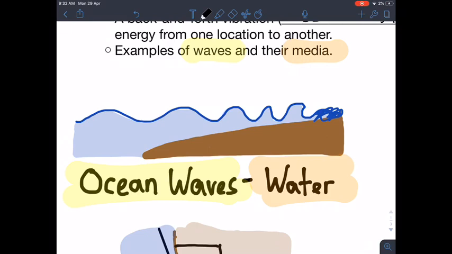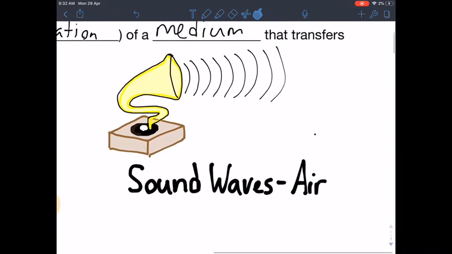So in a wave, we have the medium, which is the water. You have little particles of water, and they're oscillating like this. They kind of go up and down, and they kind of go left and right. They basically make a circle. And that oscillation transfers energy from where the wave is created to where the wave crashes on the shore.